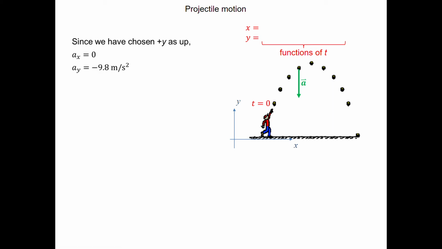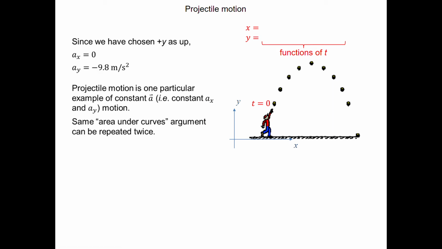So this is another example of constant acceleration motion, which we already talked about as a special case we are interested in for one-dimensional motion. Here, when we talk about constant acceleration, we mean the entire acceleration vector is constant. And when we say the vector is constant, that means that both the x and y components are constant, because if either one of them were changing, the vector itself would be changing.